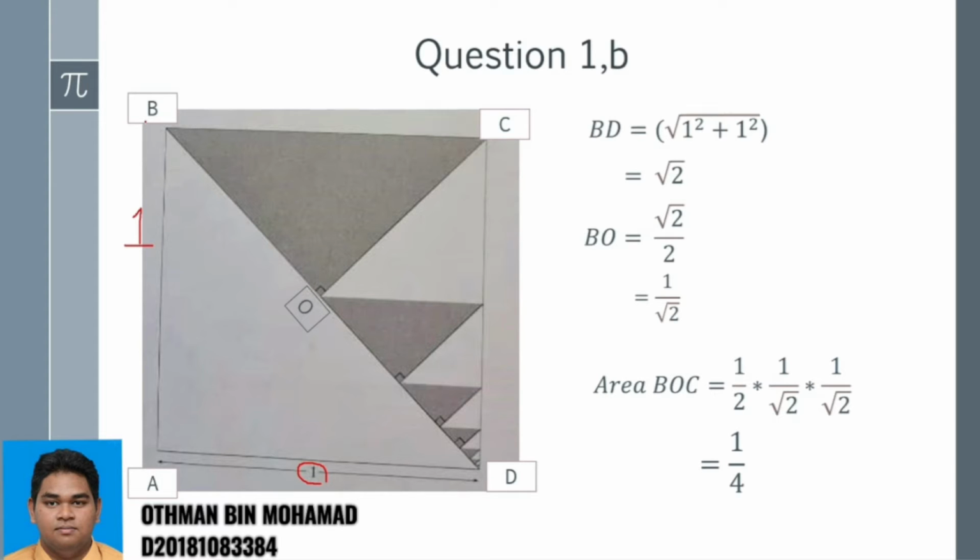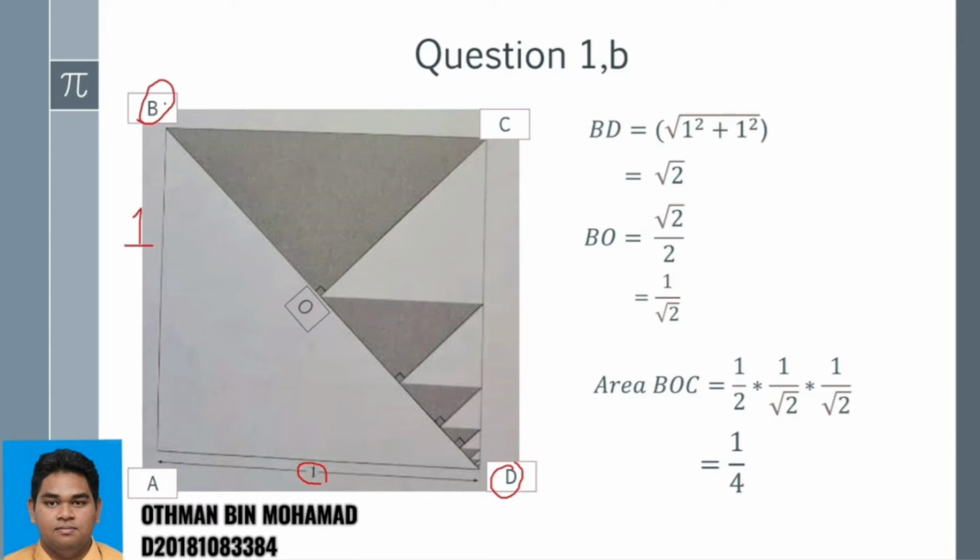Now we must find the length of BD by using the Pythagorean theorem, which is square root of 1 squared plus 1 squared, equal to square root of 2. Now we know the length of BD.